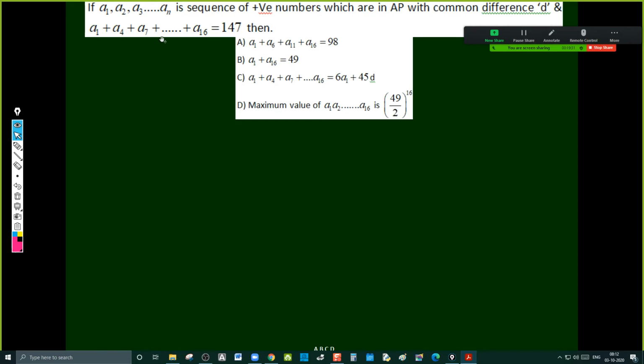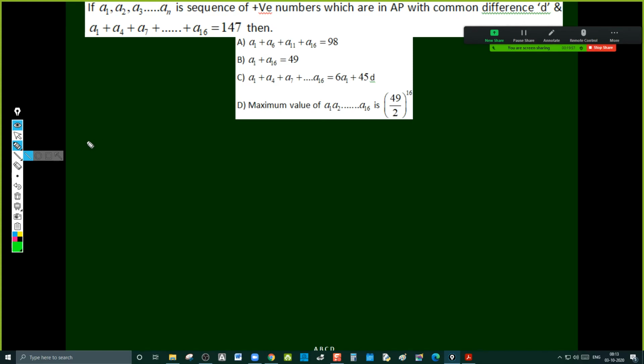This is based on the properties of arithmetic progression. If you see A1 plus A4 plus A7 plus and so on plus A16, what is the difference between the terms? Let us check it out by writing the entire series.